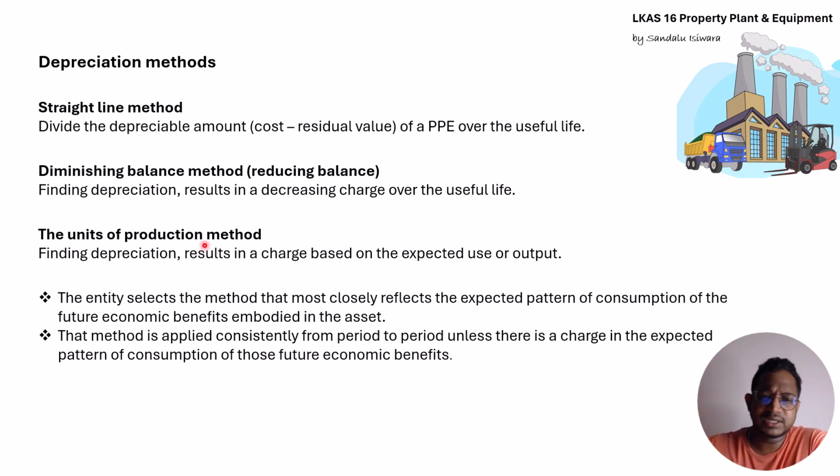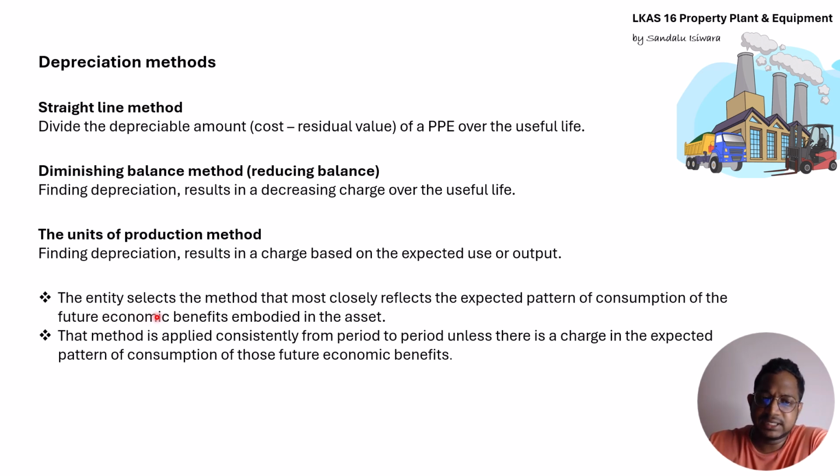And the units of production method. This can be used for machines. Just think that from a printer we can get 100,000 outputs. Based on that 100,000 outputs and based on the usage of that printer, you can do the depreciation. This does not come in A levels, right?